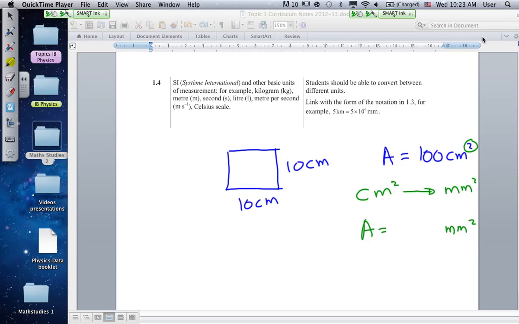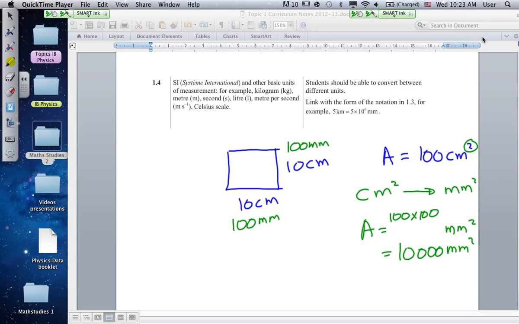Let's just think of it. 10 centimeters is how many millimeters? It's 100 millimeters, and this over here would be 100 millimeters. So the area is actually going to be 100 times 100. It's going to be 10,000. You were right. So it's 10,000 millimeters squared.